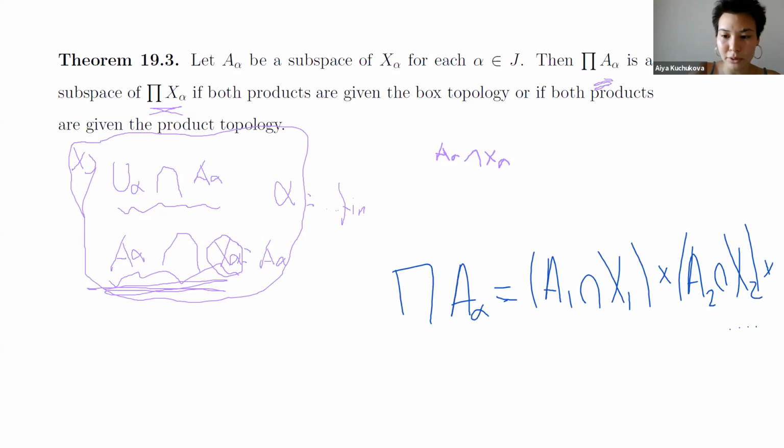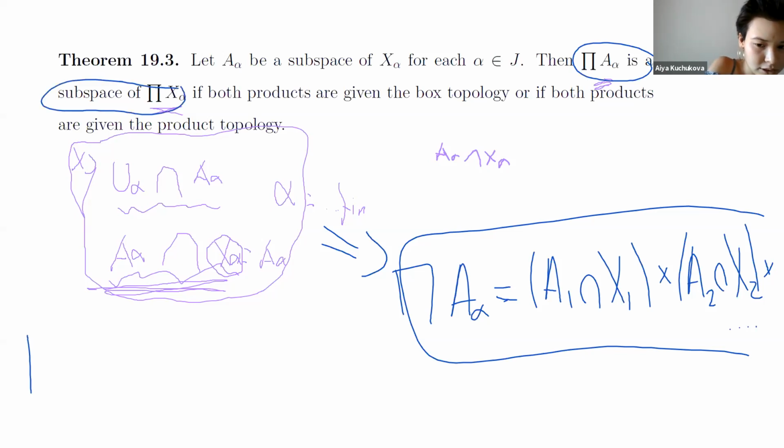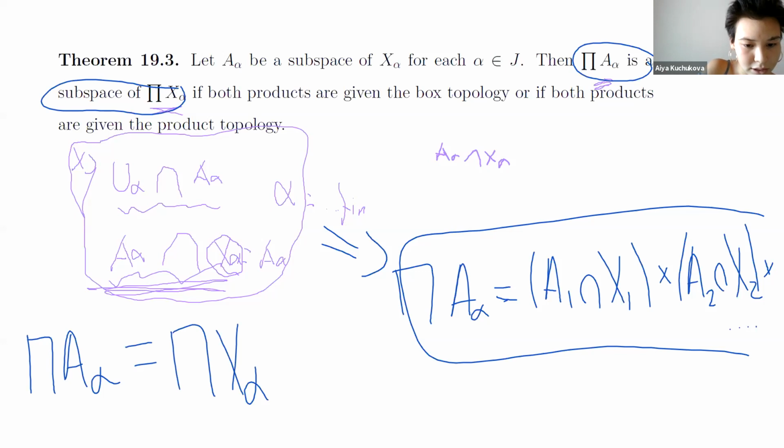So you wrote it like this, and from here this follows this, right? But I think to prove that this is a subspace of this, you have to show that this is equal to this intersect something.